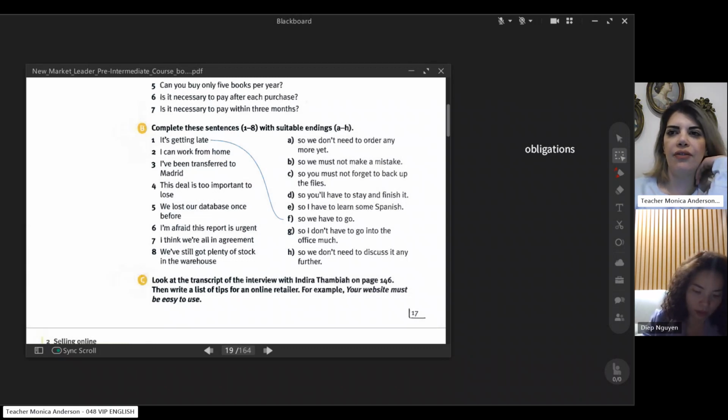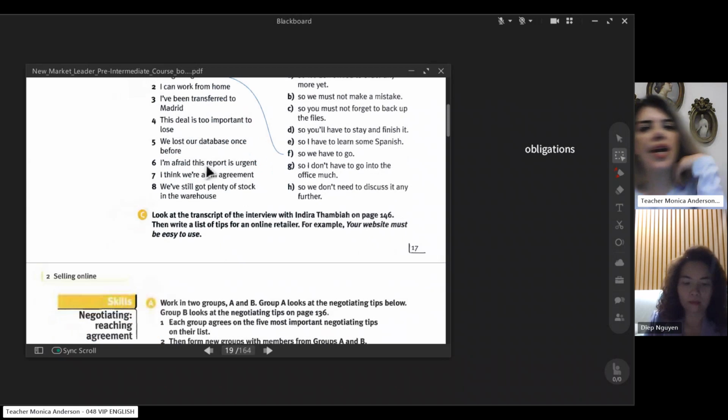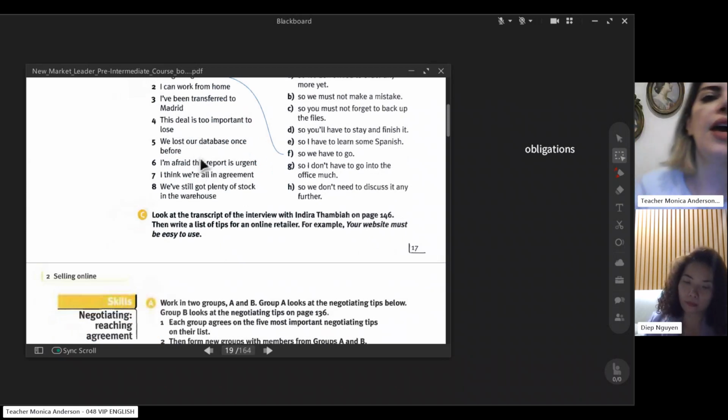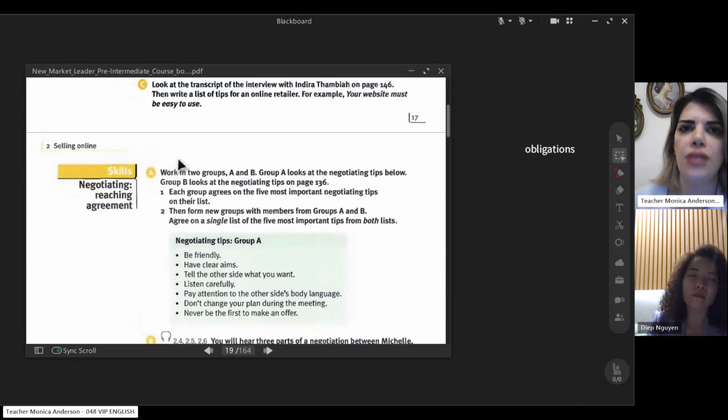Very good. We still got plenty of stock in the warehouse, so we don't need to order anymore yet. That's great. So now you know the uses of modal verbs and the differences between them.